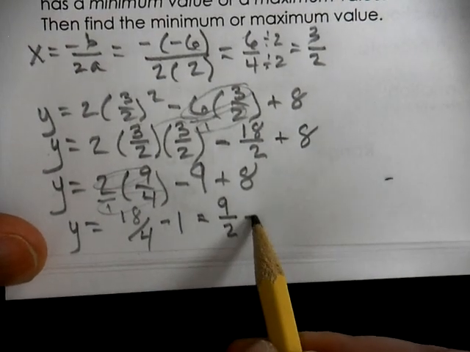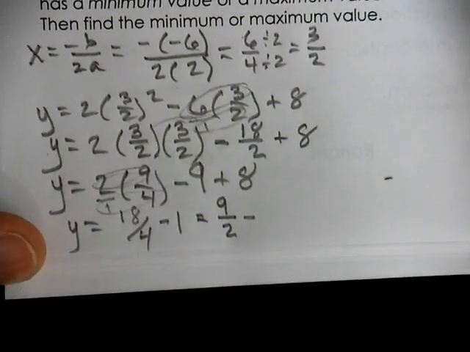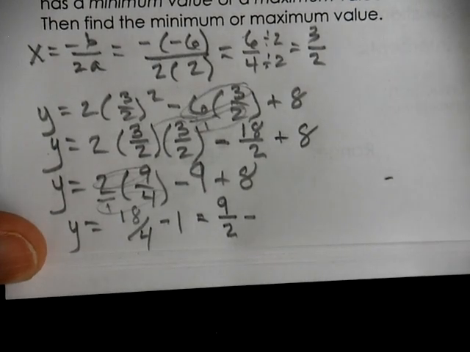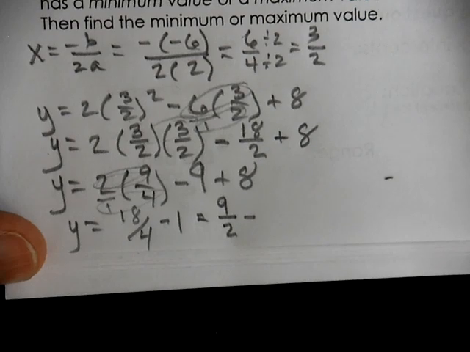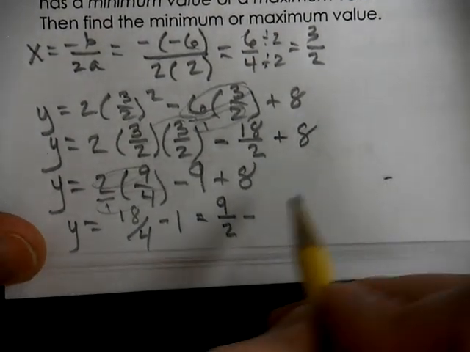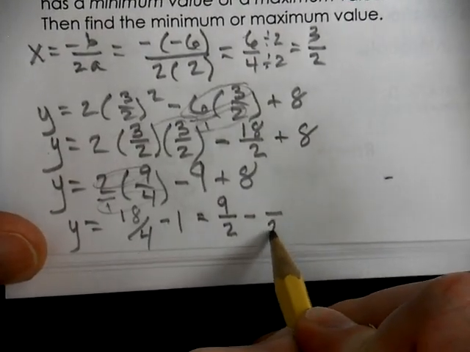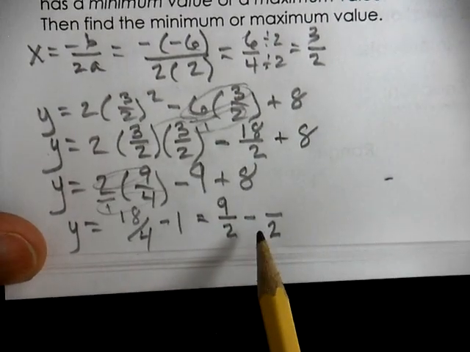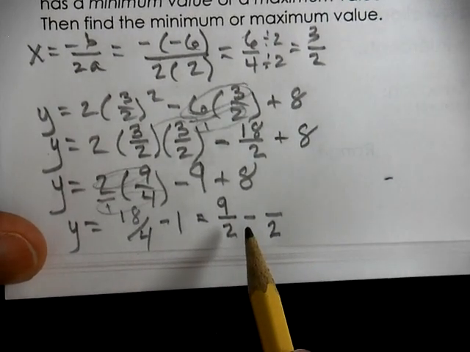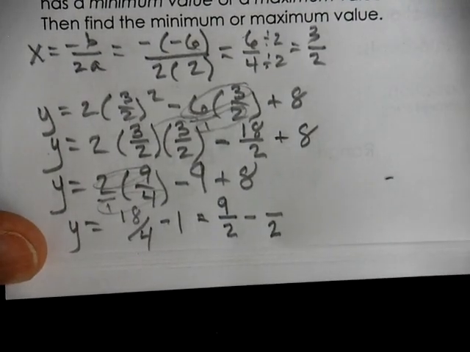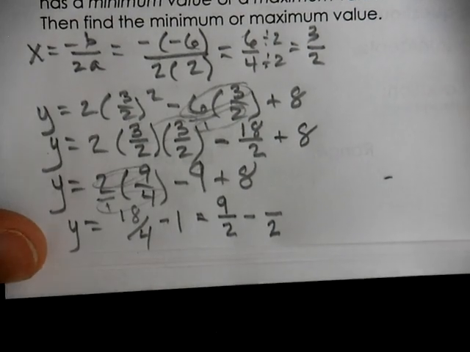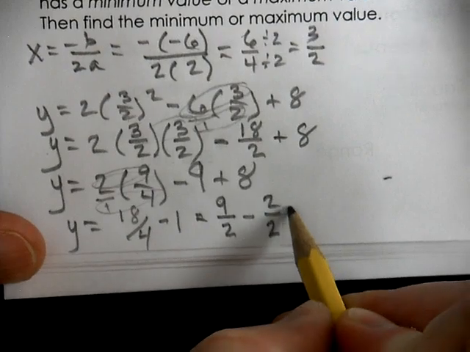But what value of 1 am I going to use? I'm just going to use a 1? Or do I need to have common denominators? If I need common denominators because I'm subtracting, and of course I do, what numerator am I going to use? Two over 2 is a value of 1.